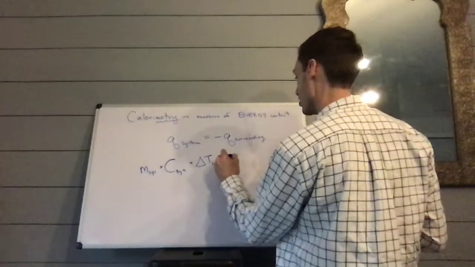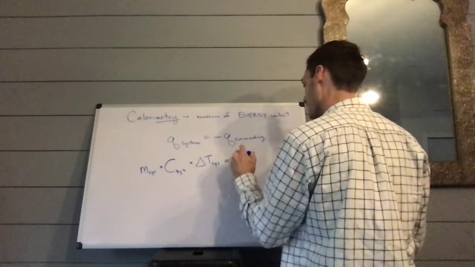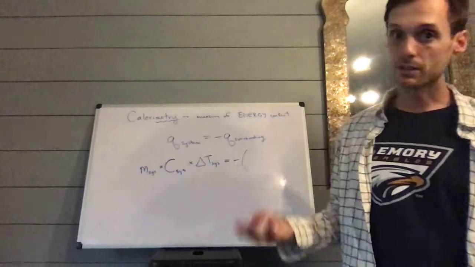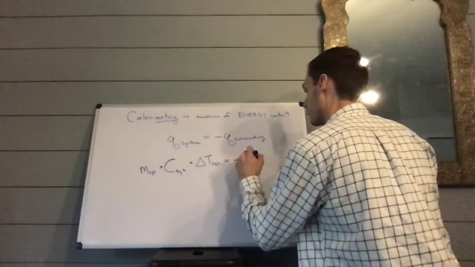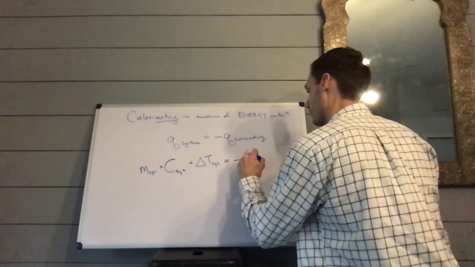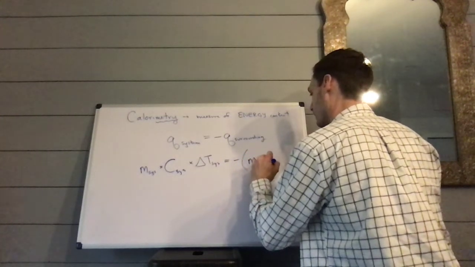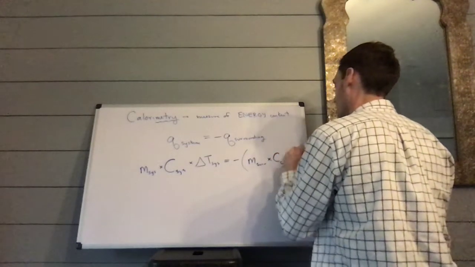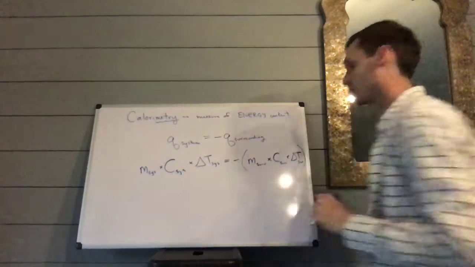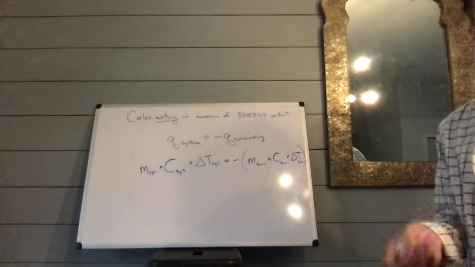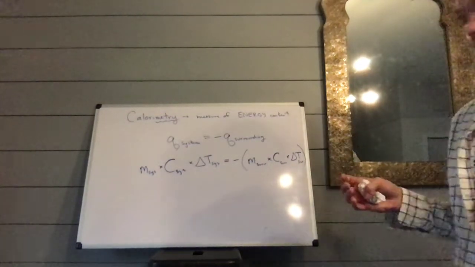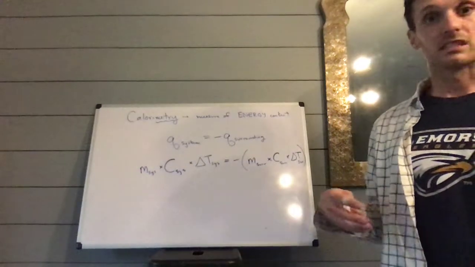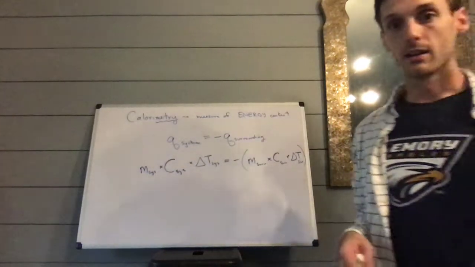And that's going to be equal to the negative M times C times delta T of the surroundings. So the negative, and then the mass of the surroundings times the specific heat of the surroundings times the delta T of the surroundings. You have to be very specific when using all of these variables because there's a lot of them. So keep track of all of them.